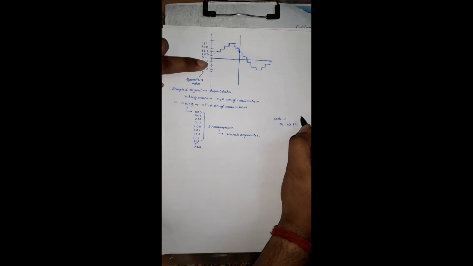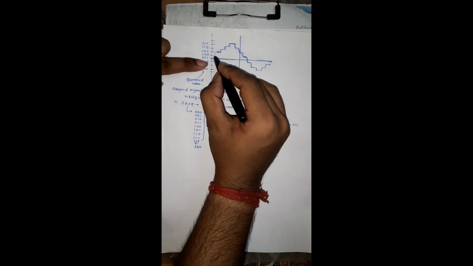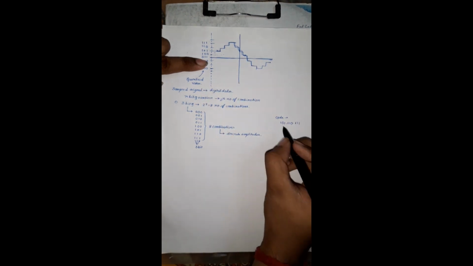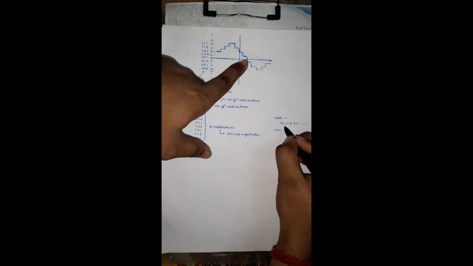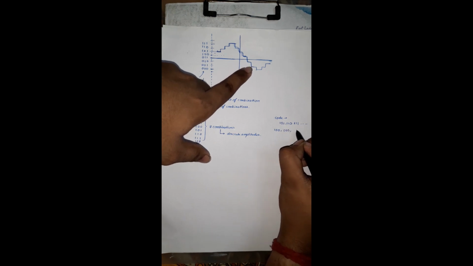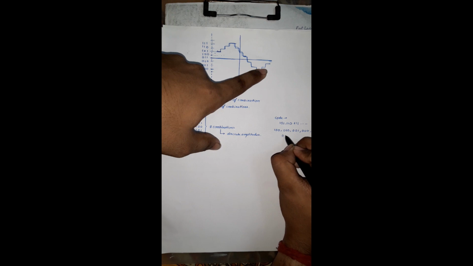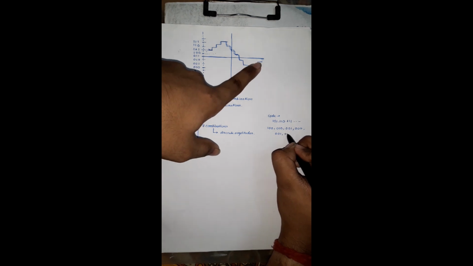Similarly, when it drops from here, it is similar to 100. After that this is 010, this is 001, this is 000, again this is 001, this is 010.